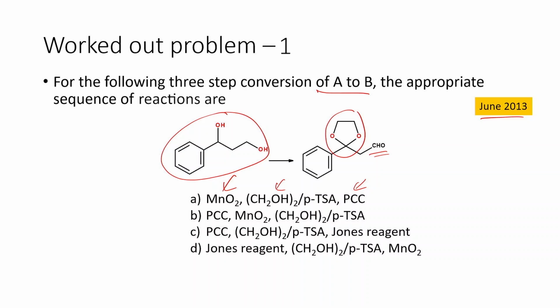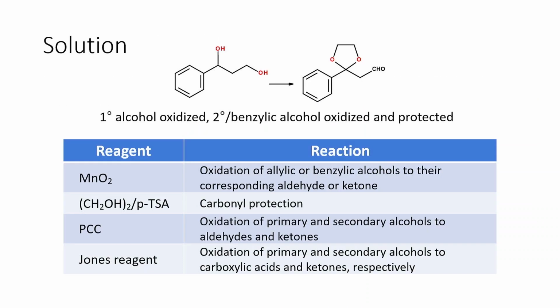In the third combination we have PCC followed by protection, then Jones reagent for oxidation. In the last option we have Jones reagent followed by protection using ethylene glycol and MnO2 oxidation in the final step. These are the various permutation combinations given. We are going to see which one will do the right set of reactions.